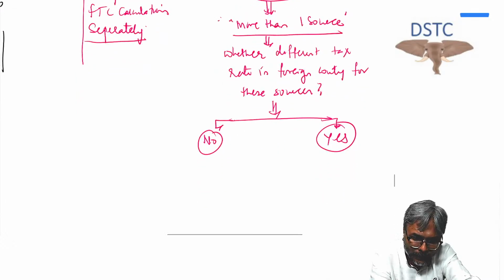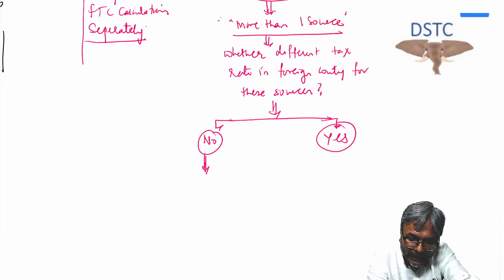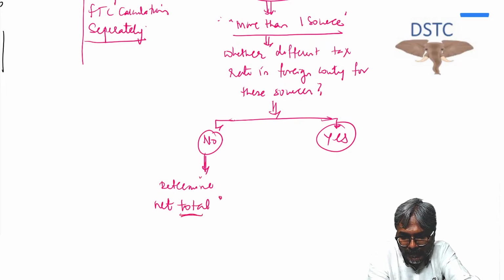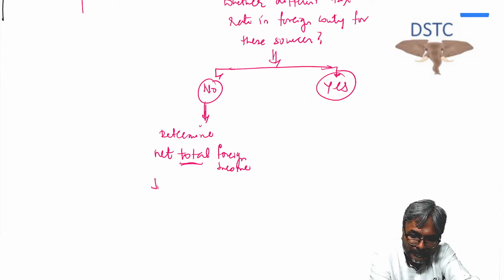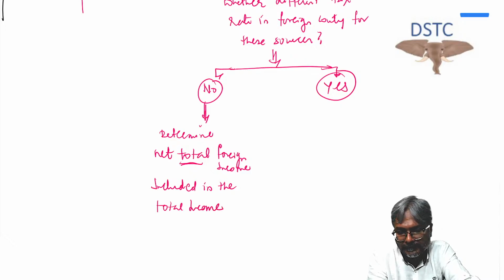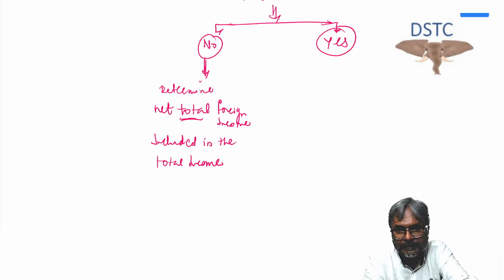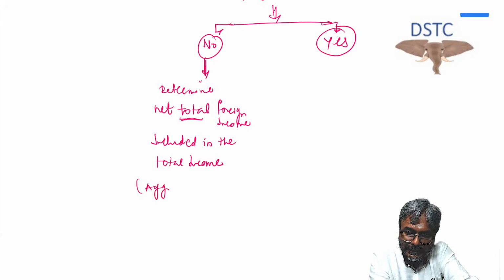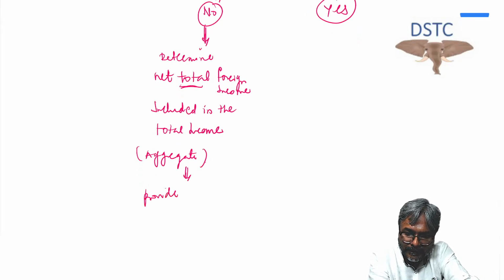Now you have to be careful. If the answer is no, then you will determine the net total foreign income included in the total income, which means that you will aggregate, and on that provide the relief.